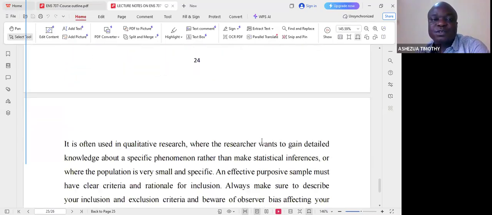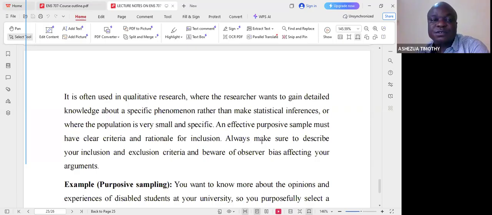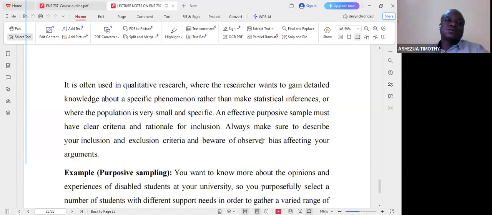That's purposive sampling. It is often used in qualitative research, where the researcher wants to gain detailed knowledge about a specific phenomenon rather than making statistical inferences, where the population is very small and specific.